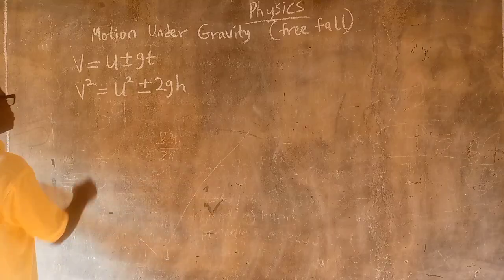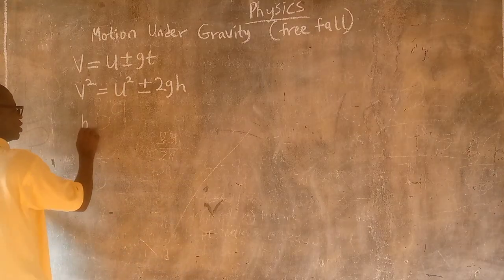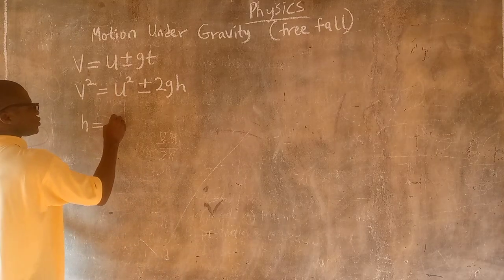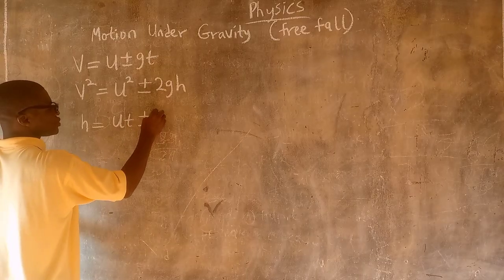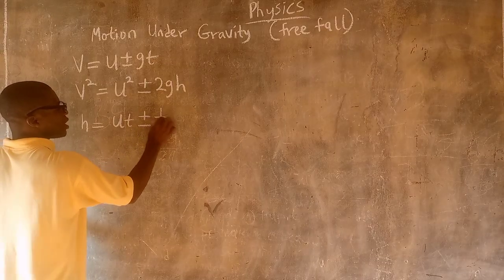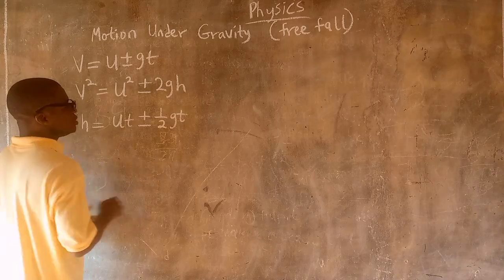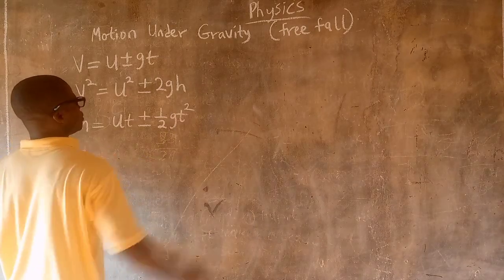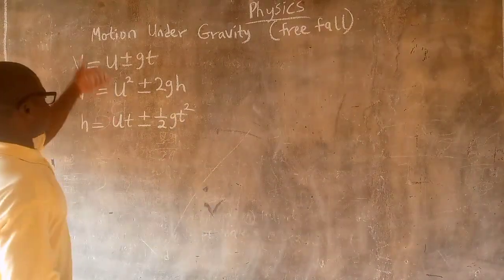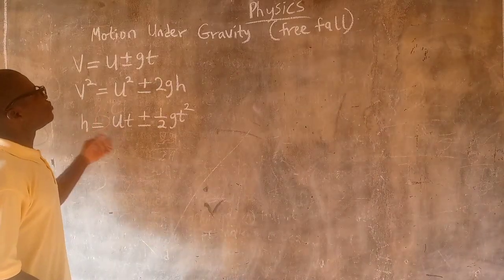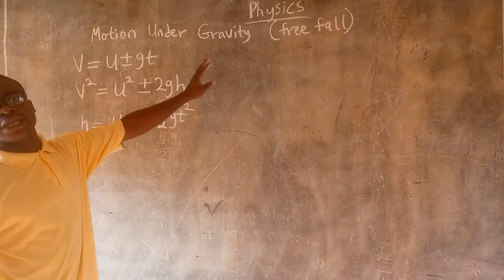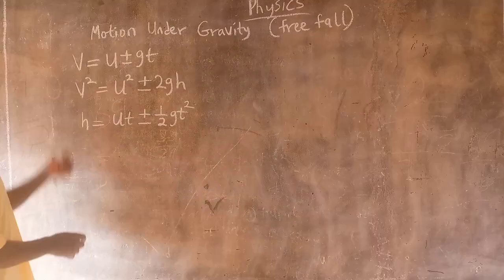The third equation is H equals UT plus or minus half GT squared. So these are the equations of an object performing motion under gravity.